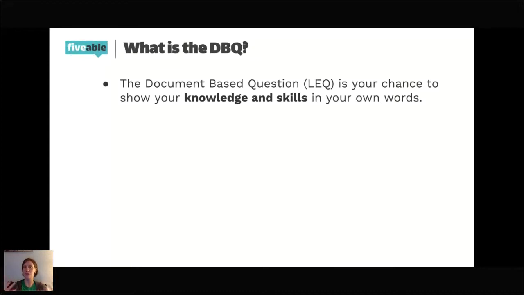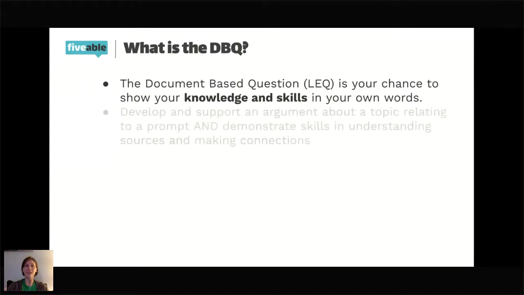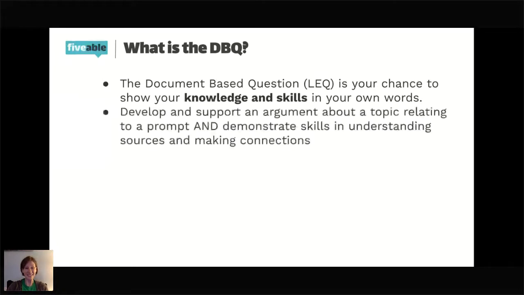The DBQ is one of those free response where you're writing in your own words about your own knowledge. You're going to develop and support an argument about a topic relating to a prompt that you're asked about, and you're demonstrating skills in understanding sources and making connections, both between sources and connections between sources and your knowledge of world history. So this is a really big task.